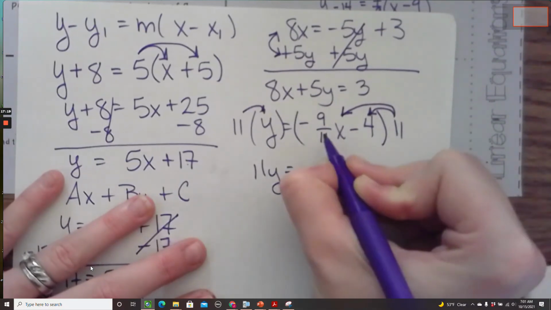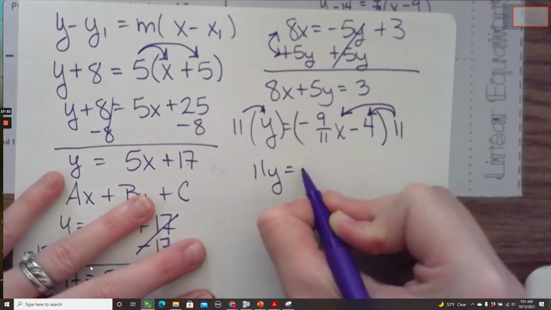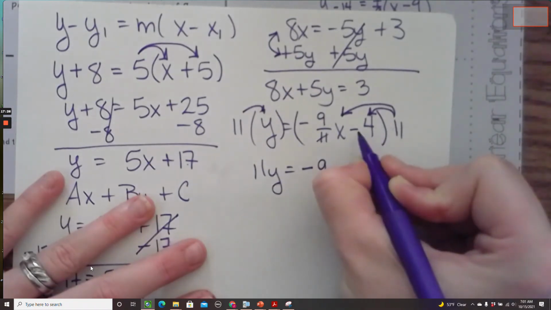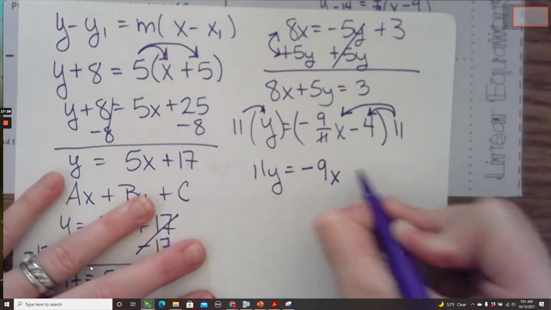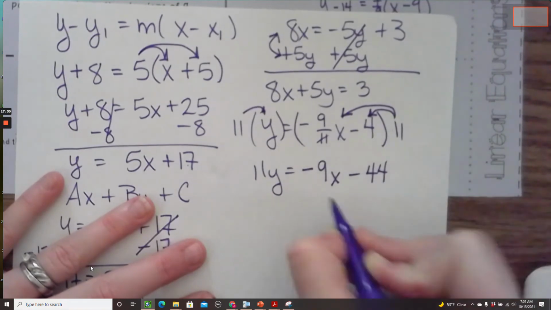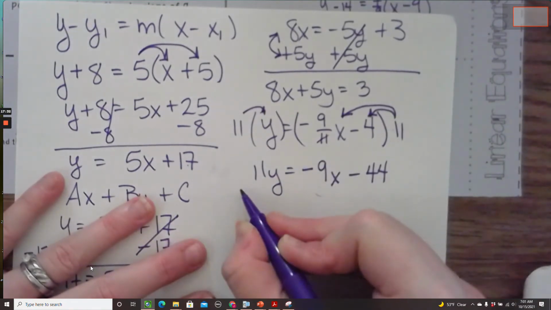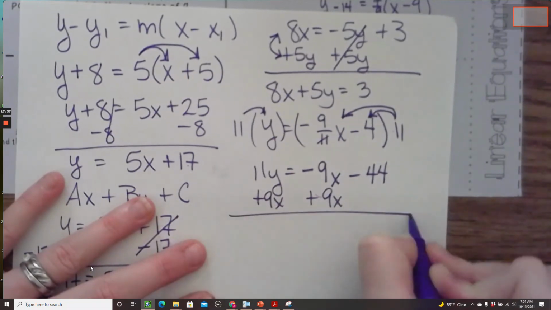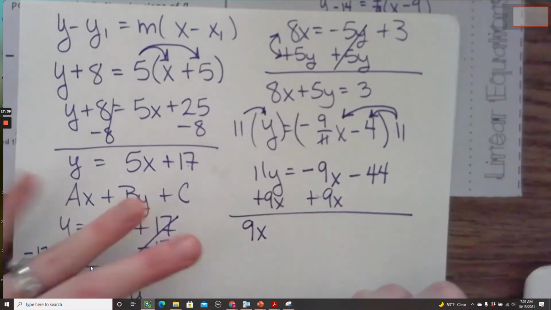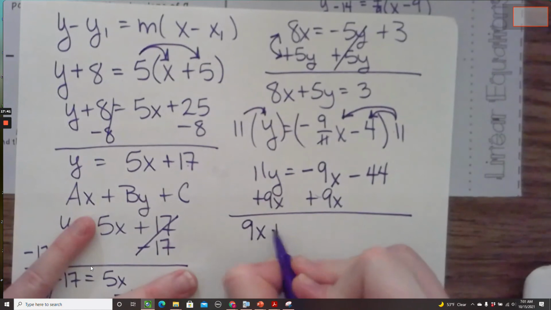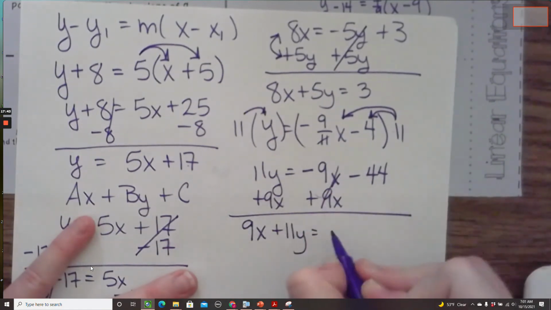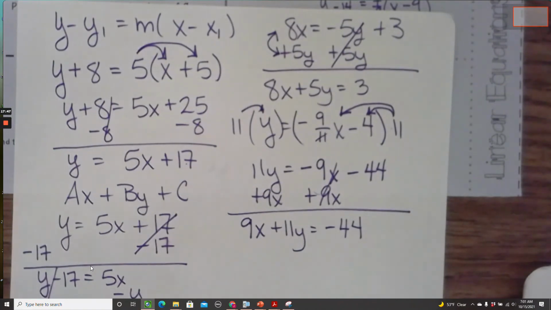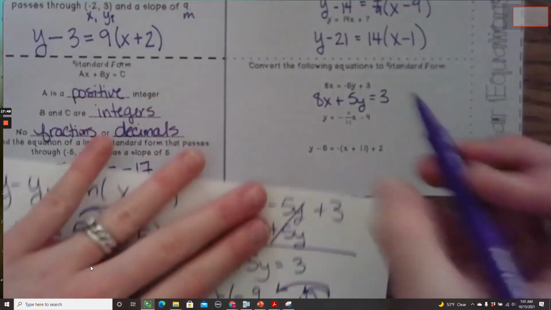So when I do 11 times negative 9 over 11, I just get a negative 9. That 11 cancels out. And then 11 times negative 4 is a negative 44. Now all I have to do is move the x to the left-hand side. So plus 9x, and we always start with the x variable. This cancels, negative 44. So we're just moving pieces like we do in literal equations.